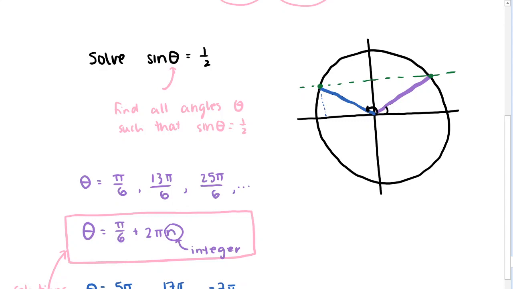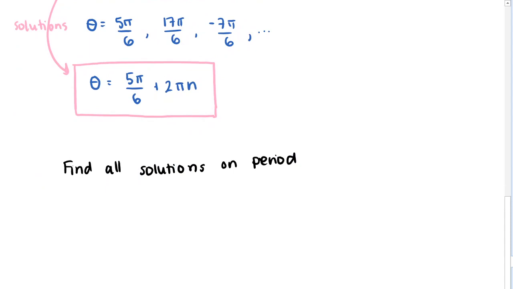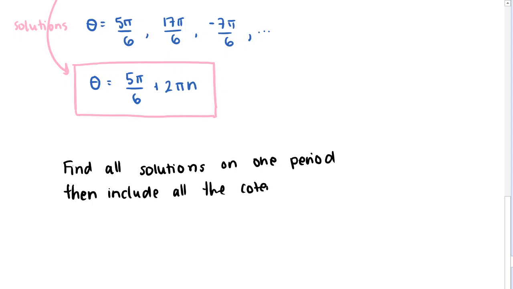And there aren't any other solutions in this one period. And after that, we want to include all the other coterminal angles to get all the other solutions. So here we want to find all solutions on one period, then include all the coterminal angles.